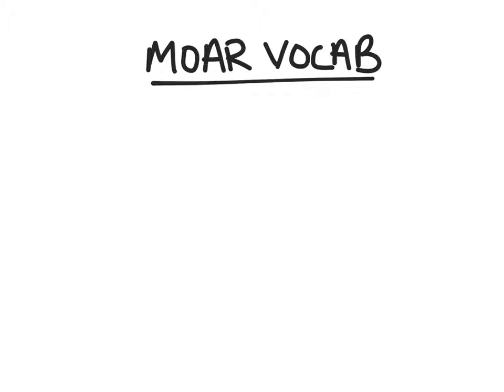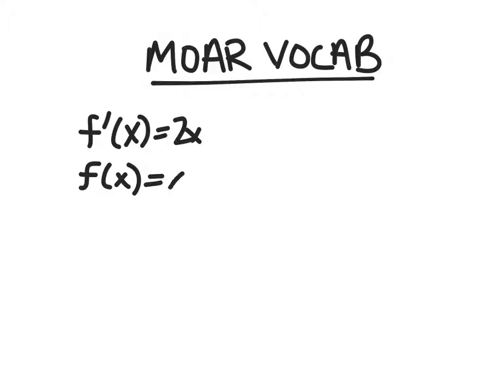All right, so we got some more vocab here. With f prime of x equals 2x, f of x equals x squared works, but we saw in class that this is not the only thing that works. It turns out we have infinitely many solutions. Anything of the form x squared plus c is going to work, where c is some constant, because a constant doesn't change anything.